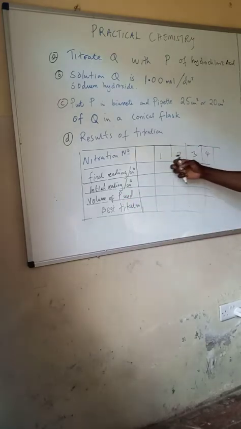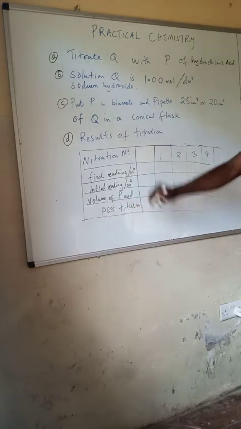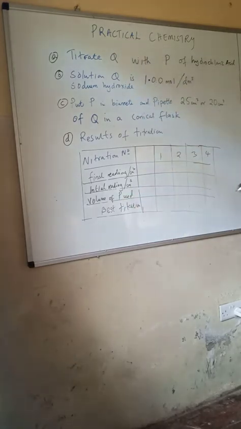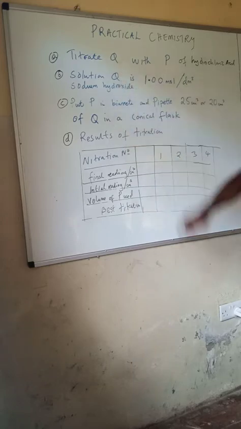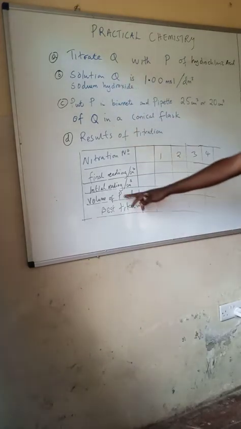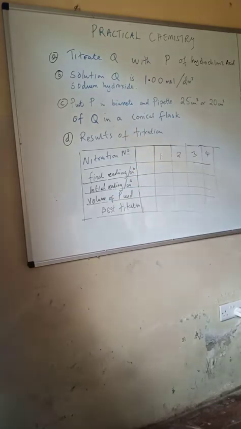So this box is for the acid, and the letter is P. Even if they didn't tell you in the question, by looking at this box you are able to tell: if the letter here was Q, it means Q was the acid. Is that clear? Since it's volume of P, this table is for the acid. I was just trying to open your mind.